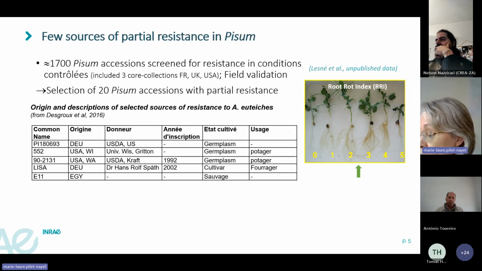And among these accessions, 4 main sources of resistance were used for genetic analysis of partial resistance. These 4 lines are 902131, 902079, PI 18693, and 552. And these sources of resistance were used as parental lines of recombinant inbred line populations and as sources of resistance in a French private recurrent phenotypic breeding program.